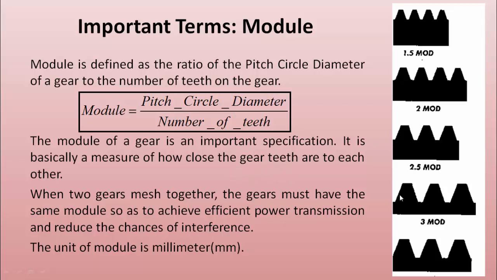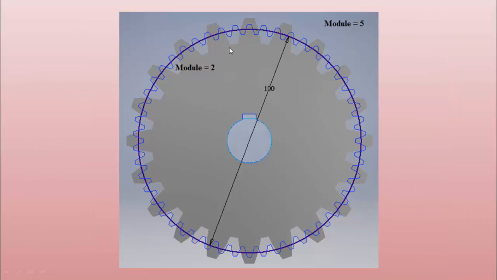For example, if you take one gear of module 5 and one gear of module 2, these two gears will never be able to mesh with each other. These teeth will not be able to fit into these teeth. So whenever you want to transmit power from one gear to another gear, the gears must have the same module.